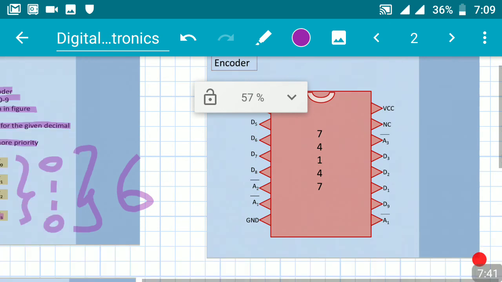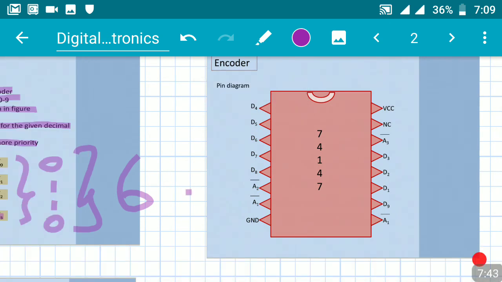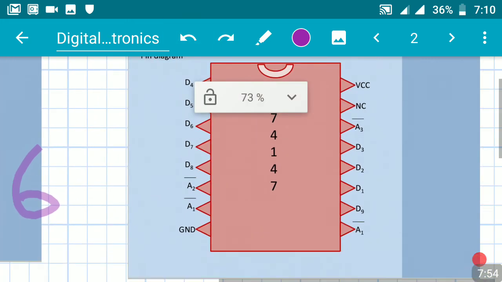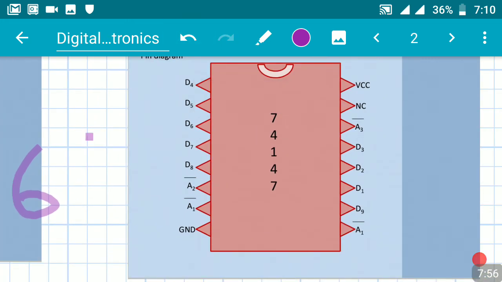And in this diagram you can observe the pin diagram of the 74147 IC. So you have VCC. This diagram is important for putting it into the answer paper in the examination. Here you have VCC, NC, A3 bar, D3 is input, D2 is input, D1 is input, and D9 is input.